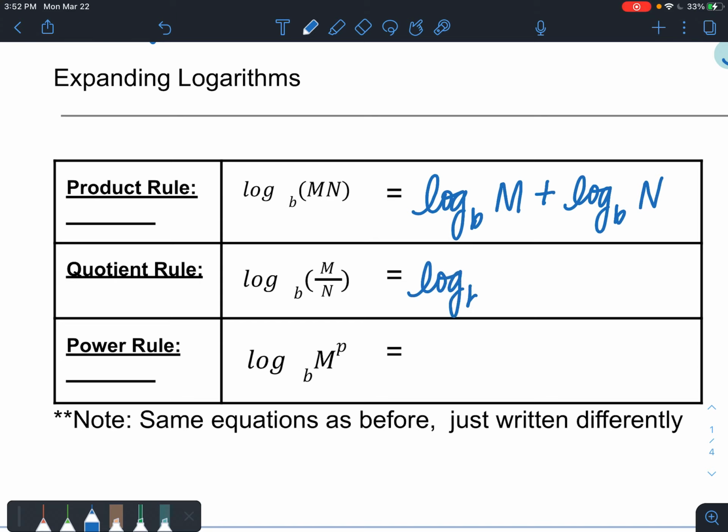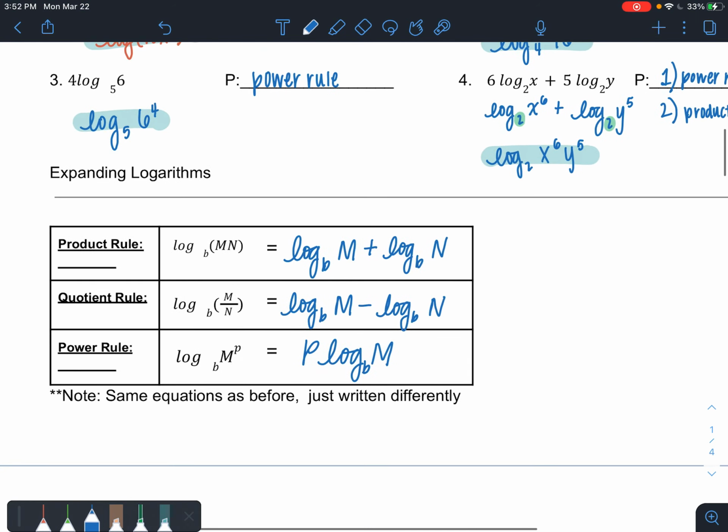If I have division, it's log base b of m minus log base b of n. And then that power rule ends up bringing that p to the front. So we have p log base b of m.